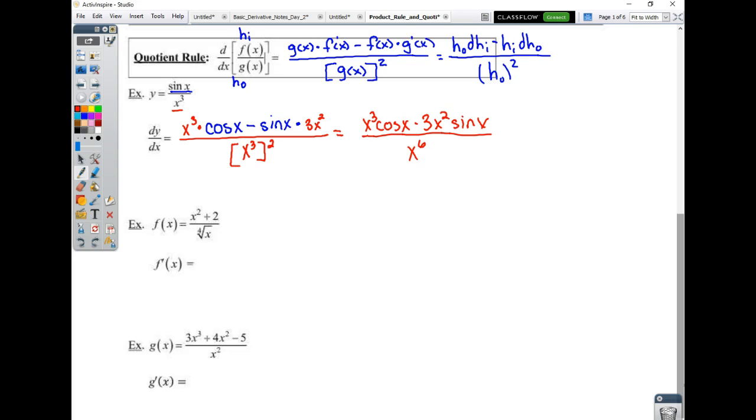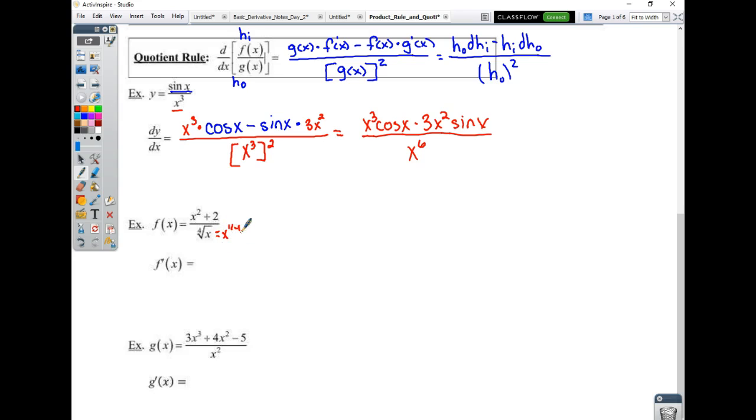The next two problems, we could use the quotient rule here. In fact, last period I didn't even think about it, and I did the quotient rule to the second problem. We could. Let's go ahead and do it. Let's rewrite this as x to the 1/4. So what is this going to be?